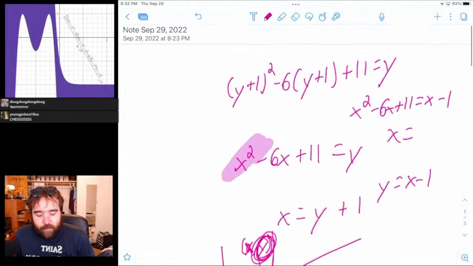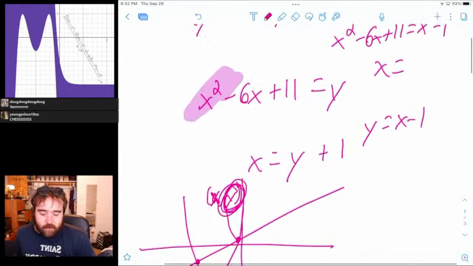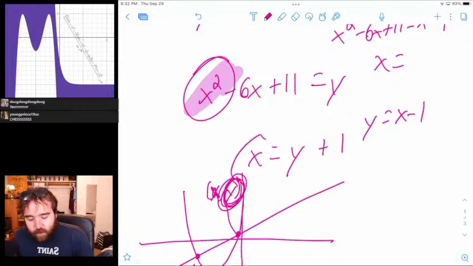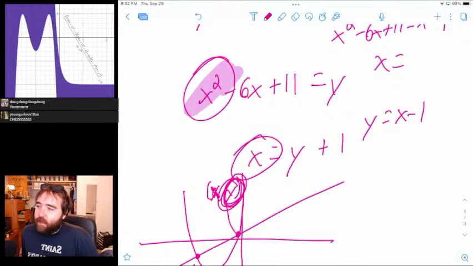But substitution is always good. They do this a lot, where one of them's x squared and one of them's just plain x. Then you just do the substitution, get everything to one side, and refactor it.